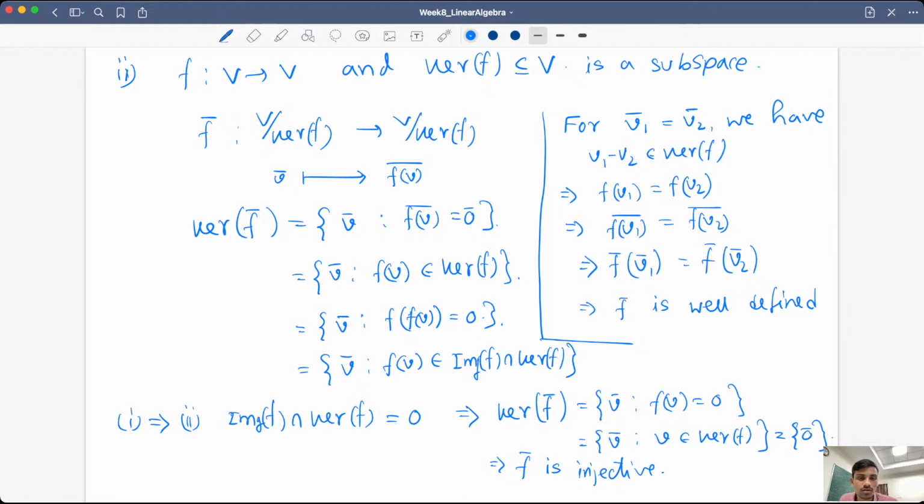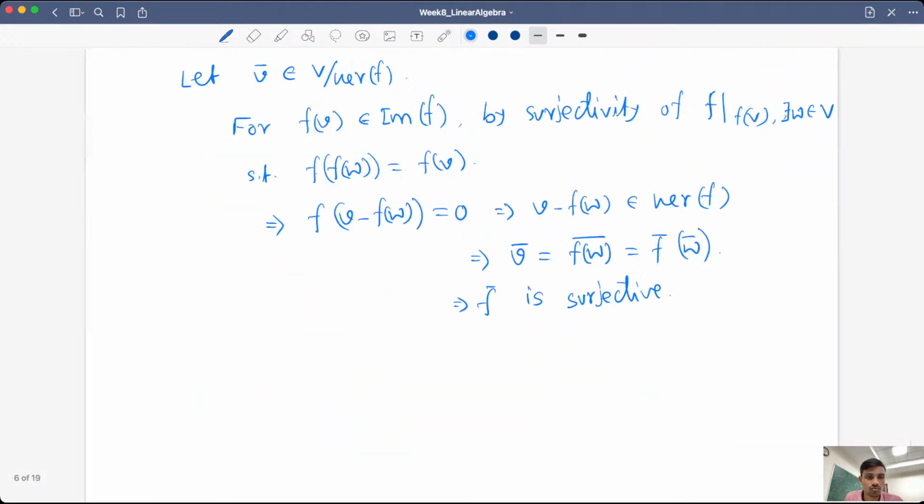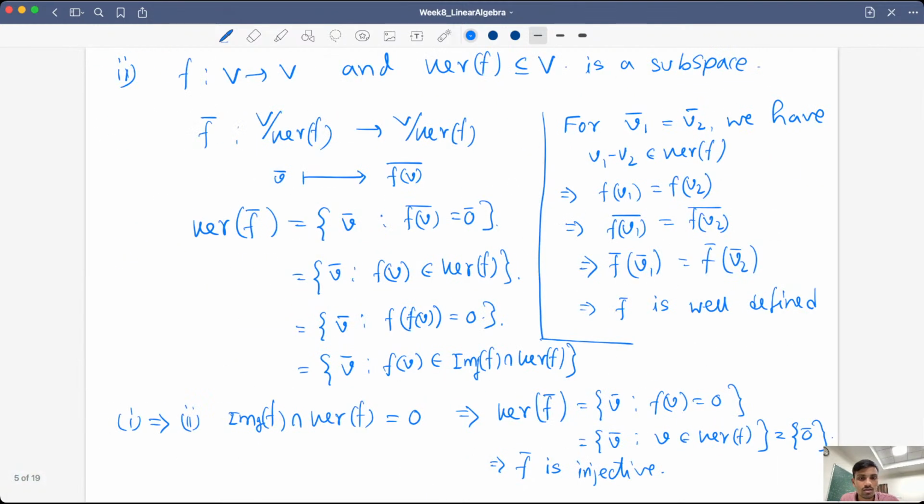So now let's see, 2 implies 1, that f bar is injective implies that the kernel of f bar is 0.